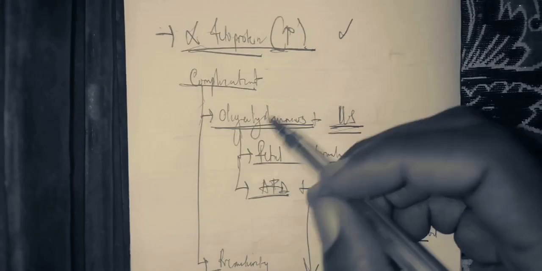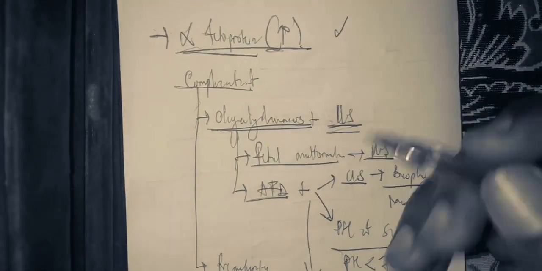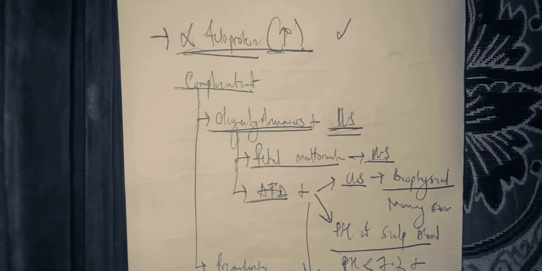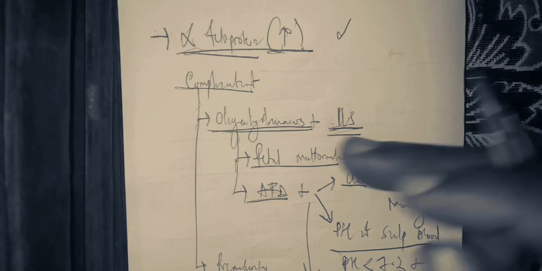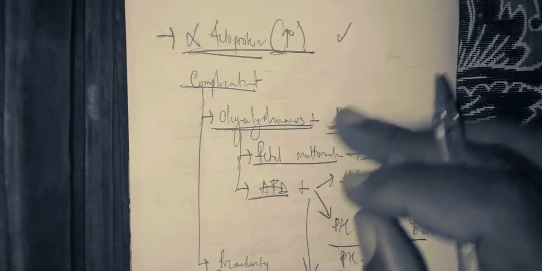The first complication that we had was oligohydramnios, and we have already treated oligohydramnios by increasing the perfusion for the formation of amniotic fluid or by reducing the loss of the amniotic fluid. Is it clear?